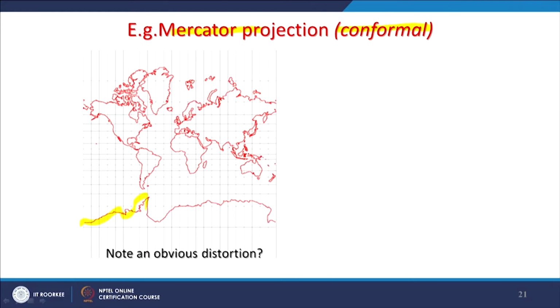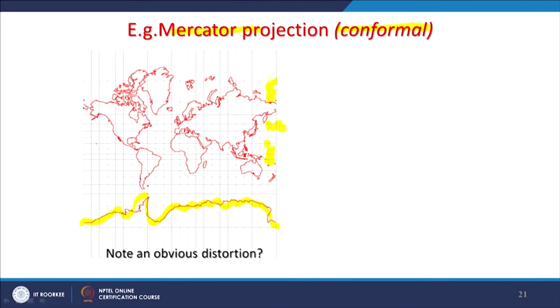The large problem you see is over Antarctica or the northern polar countries, but the areas in middle latitudes around the equator would be very different. As you can see, for the same area of the earth, because this is conformal, at this range of latitude we are having a square, whereas near the equator we are having rectangles like here, and if we go a little higher in latitudes, we are again finding rectangles having a different orientation.